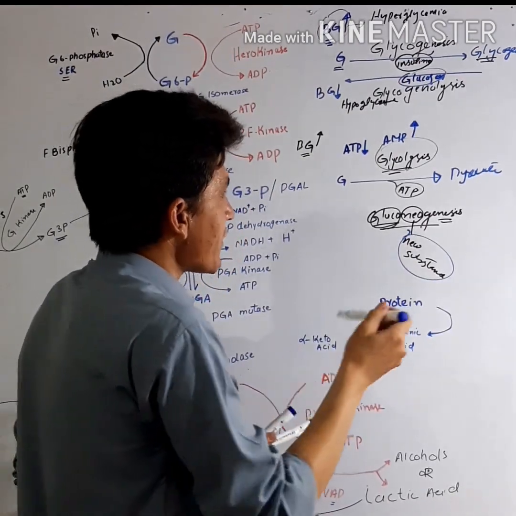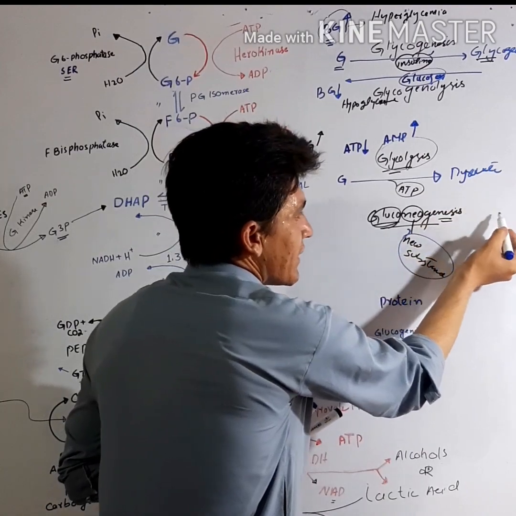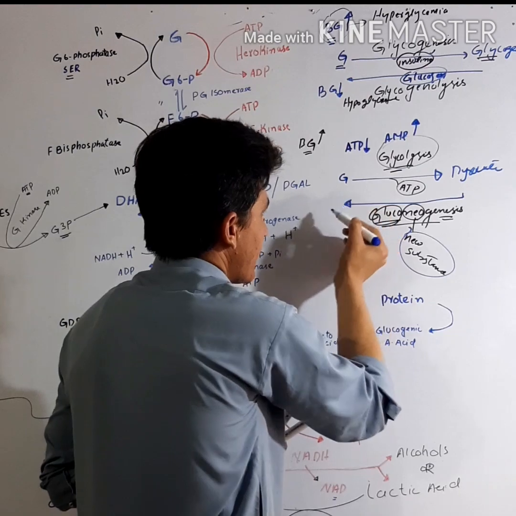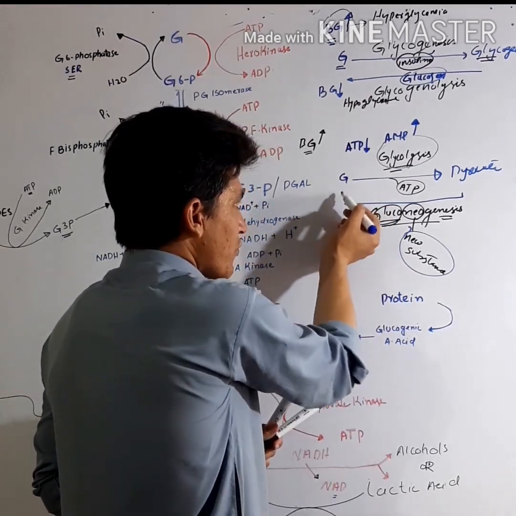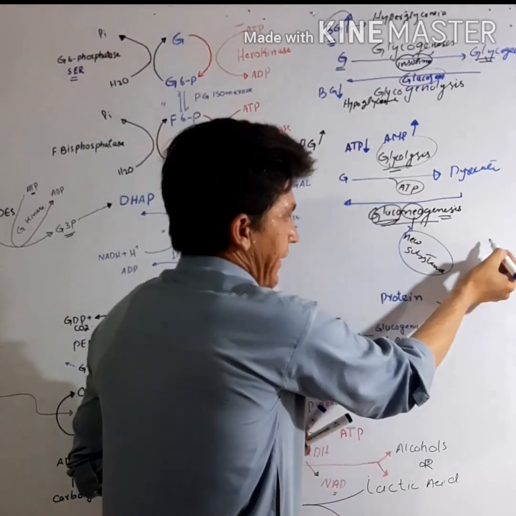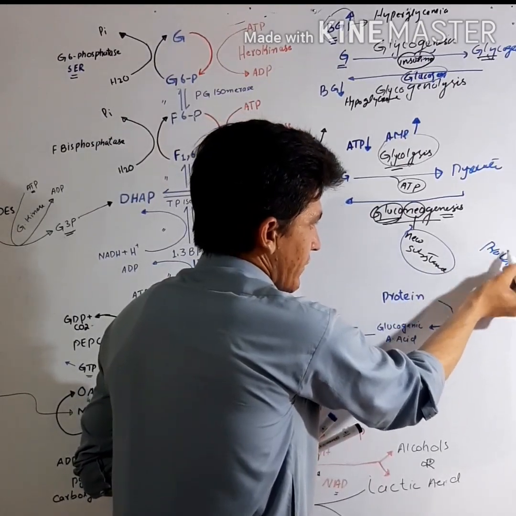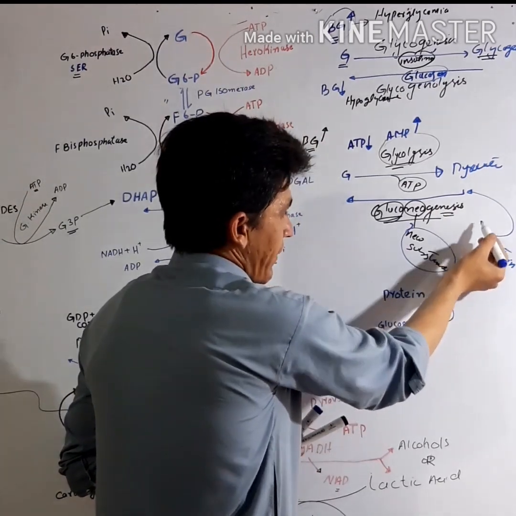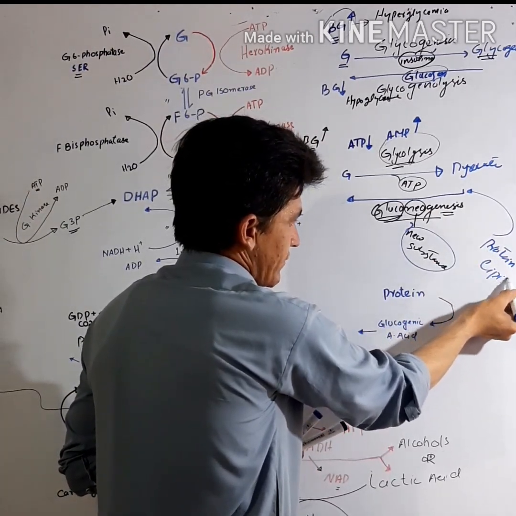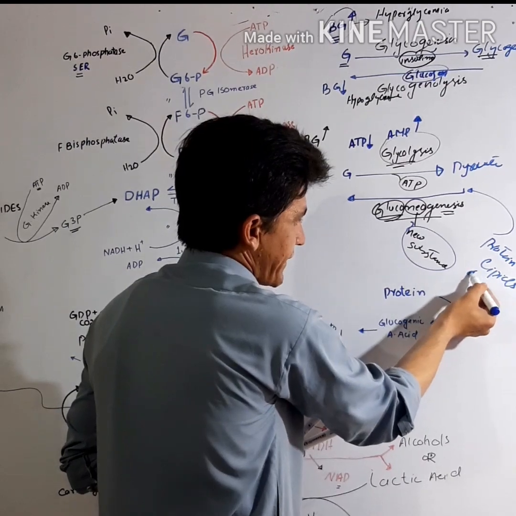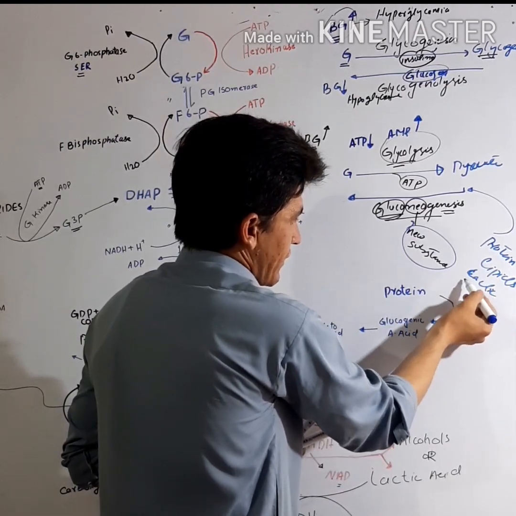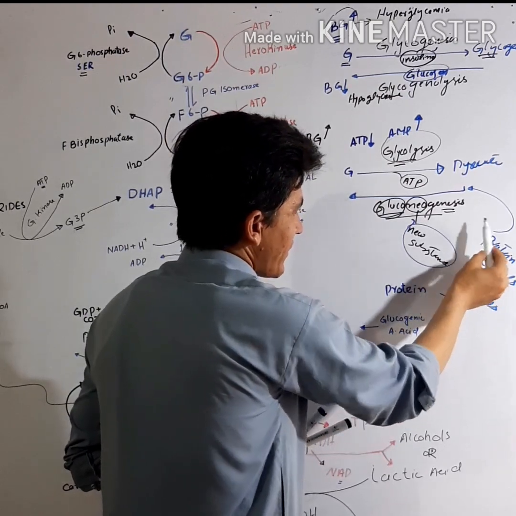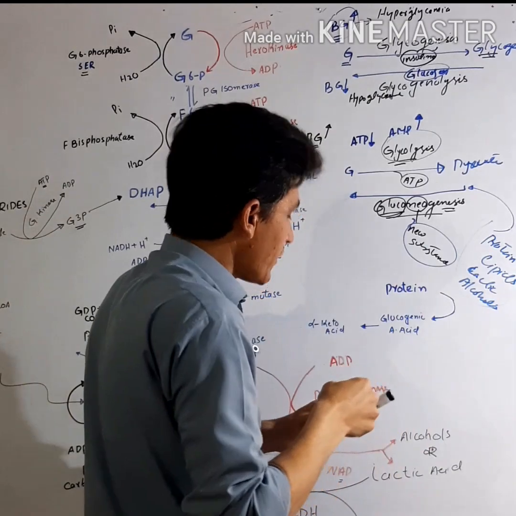What are these new precursors? These precursors may be pyruvate. Pyruvate can also be converted into glucose. Protein can also be converted into glucose. These may be lipids, lactic acid, alcohol, or other intermediates of the Krebs cycle.